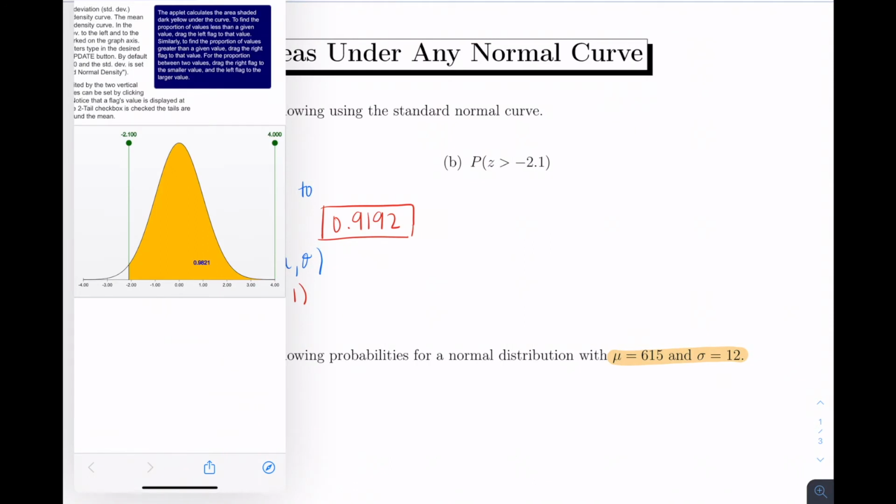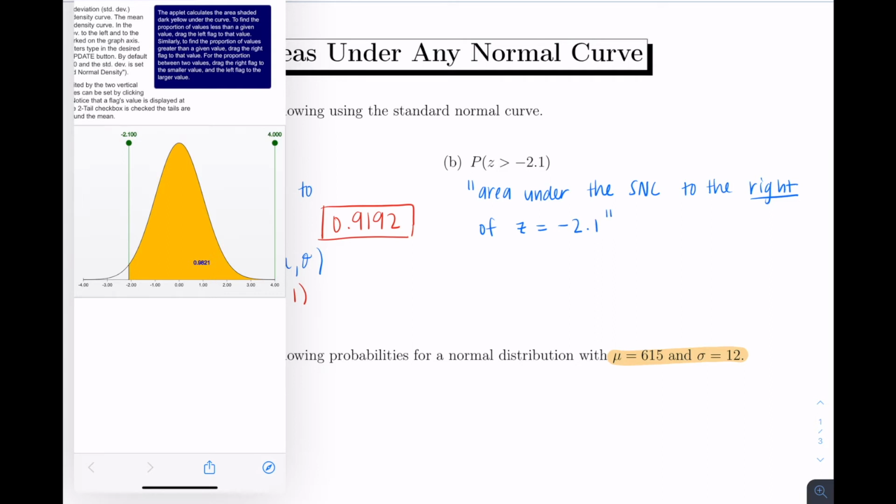Looking at part B of this example, we can see that our inequality has flipped. And so rather than having less than, I'm looking for the probability that a z-score is greater than -2.1. And so in words, this translates to area under the standard normal curve to the right of z equals -2.1.